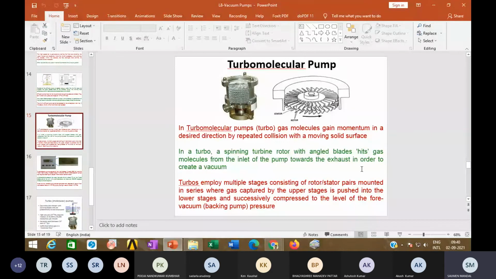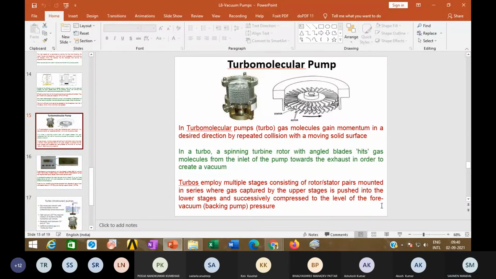It is pushed into the lower stage and successively compressed to the level of the fore vacuum pressure, like a backing pump.